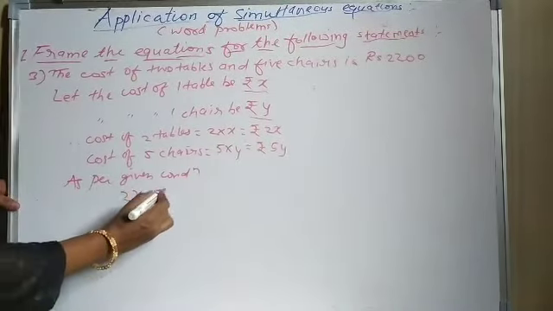Now I will take the fourth example. 2 years hence, father's age will be twice the son's age. Now how to frame the equation for this statement? Let the present age of father be x years and let the present age of son be y years. Now 2 years hence means after 2 years, their ages you have to find.